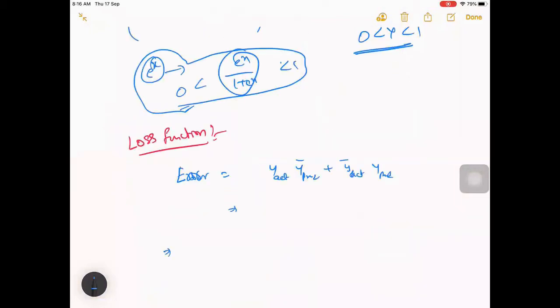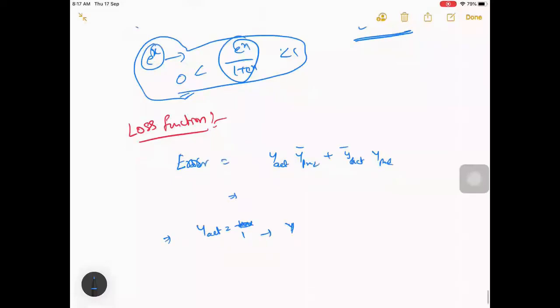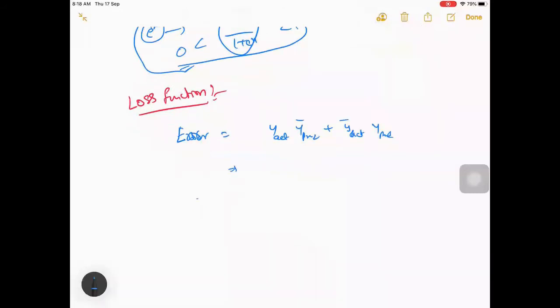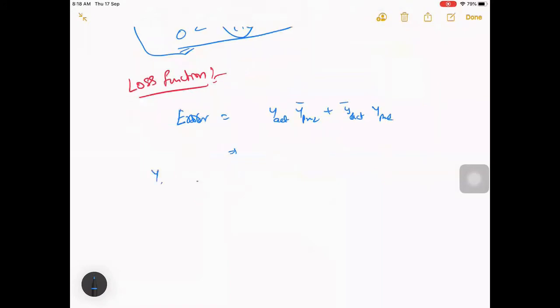Let me give the final values. When your actual is positive, meaning 1, and your y value is not 1, then it's an error, right? So if you take this error value, if actual is 1 and predicted is 1, then fine, right?